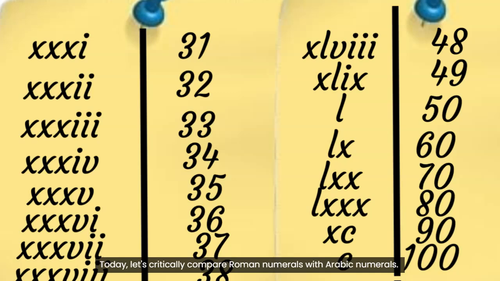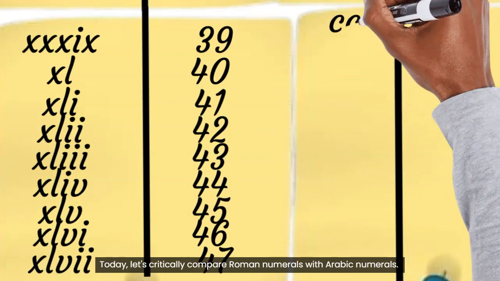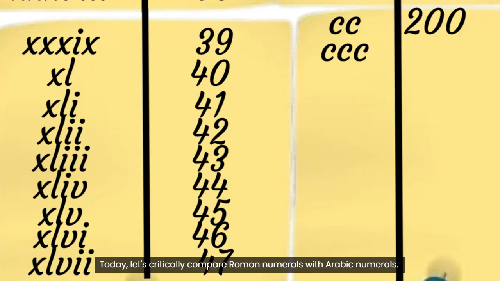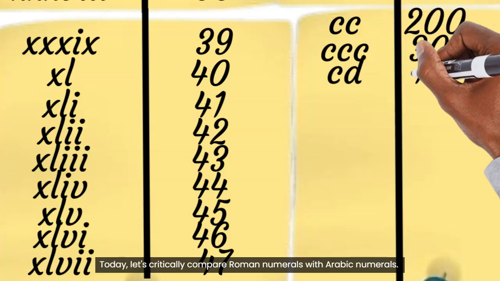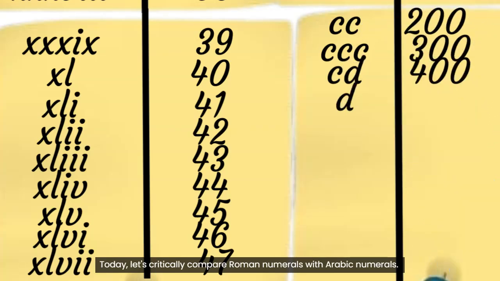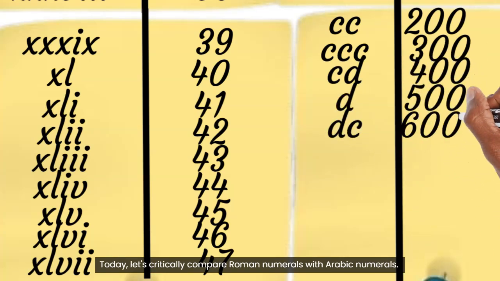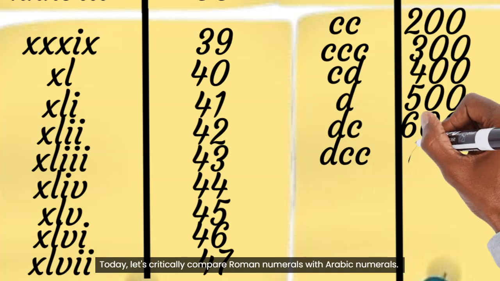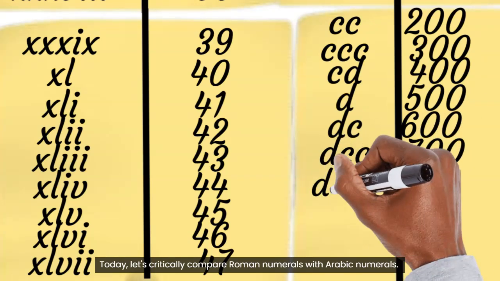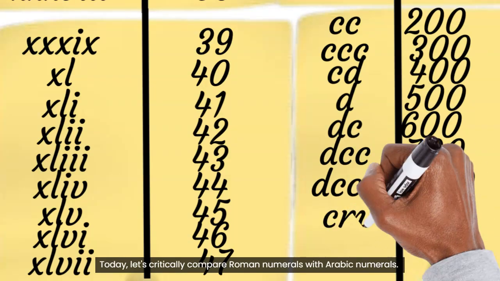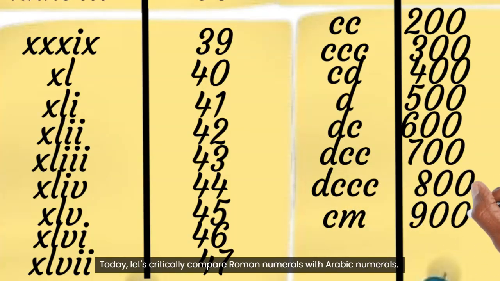C 100, CC 200, CCC 300, CD 400, D 500, DC 600, DCC 700, DCCC 800, CM 900, and M 1000.